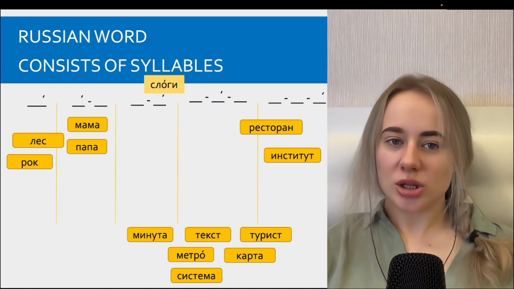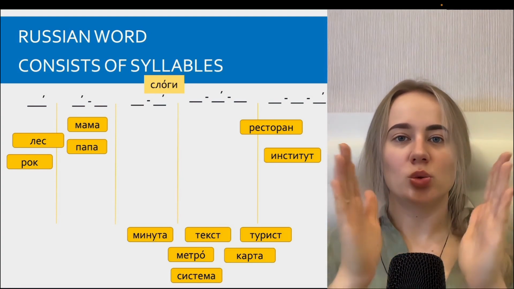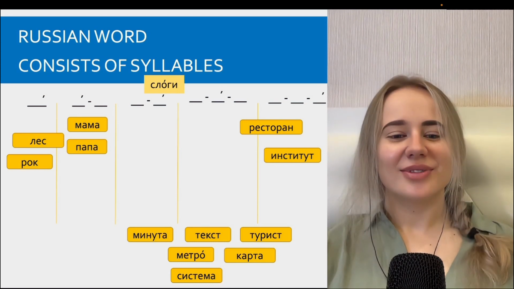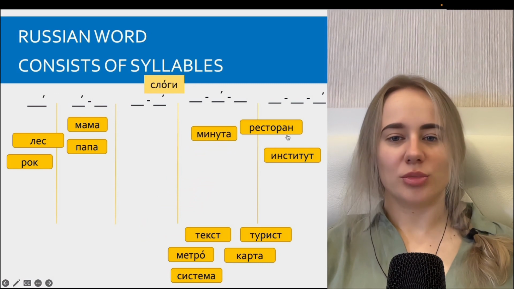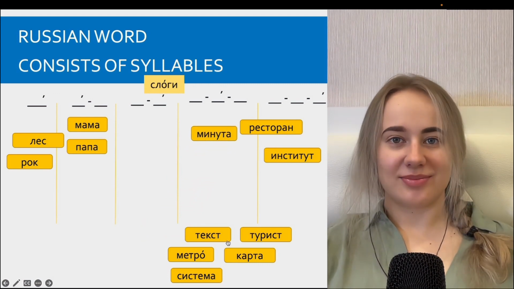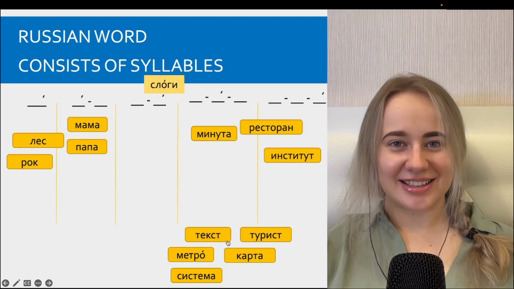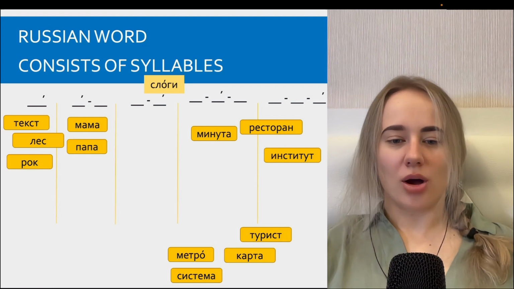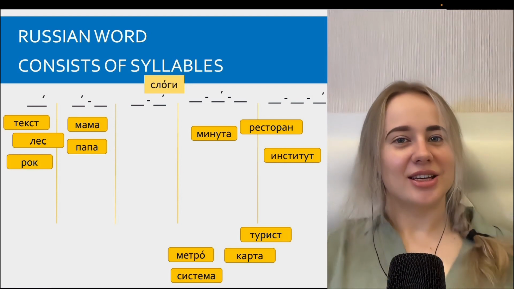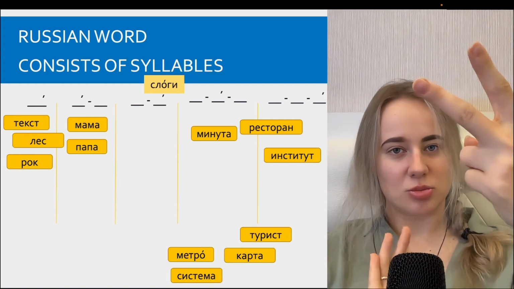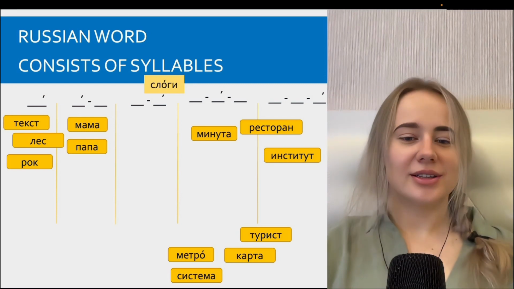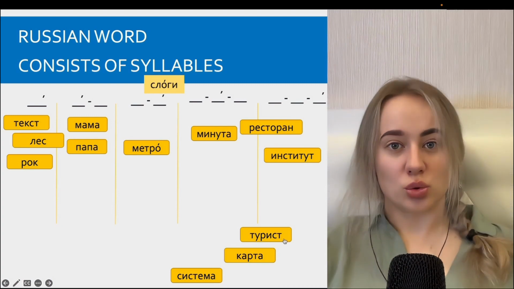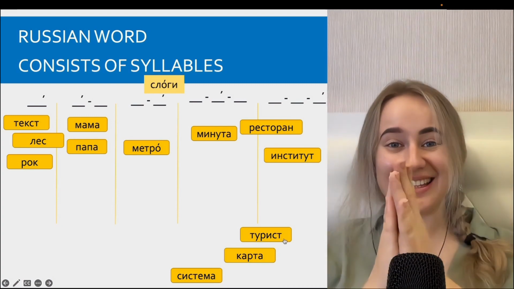Минута. Three syllables. The stress is on U. Текст. One syllable. The stress is on Ye. Метро. Two syllables. O is stressed. Турист.